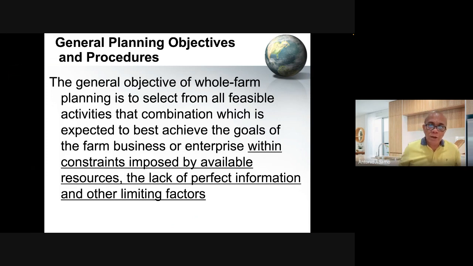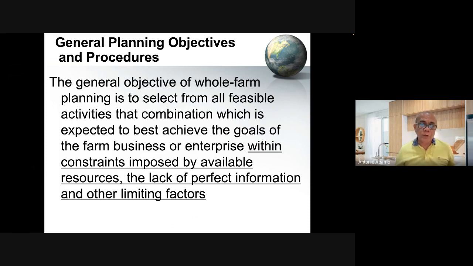Okay, general planning objectives and procedures. General objectives could be whole farm planning to select from all feasible activities within constraints imposed by available resources. So when we have planning, there are always resource constraints, market constraints. There are, for example, services constraints and several other constraints put into play so that at the end of the day you will get the optimal farm plan.